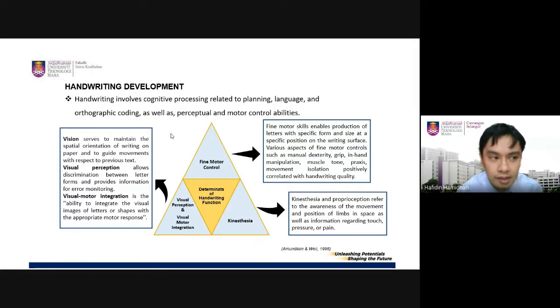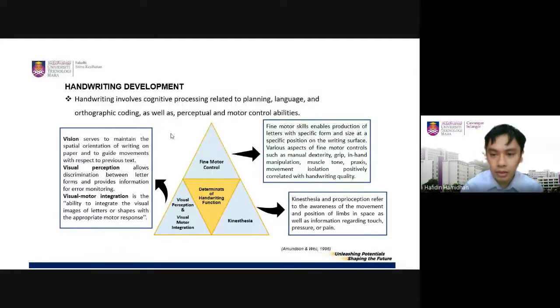Kenapa ada certain researchers mengatakan demikian? Sebab mereka kata dengan visual perception kita boleh buat error monitoring hanya selepas kita habis melakukan aktiviti handwriting tersebut. Sebaliknya kinesthesia ni bagi input secara berterusan, yang mana tanpa kita sedar input tu dihantar kepada kita untuk bagi maklumat mengenai error monitoring sewaktu kita melakukan aktiviti handwriting tersebut.